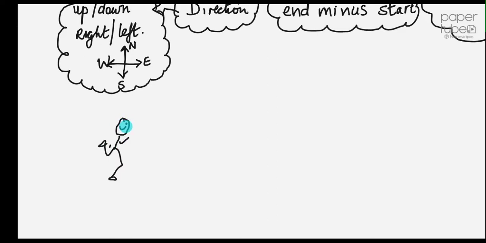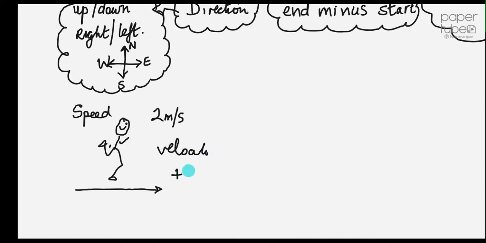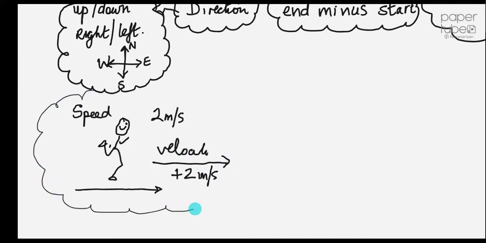He or she is running to the right at a speed of 2 meters per second. They have a speed of 2 meters per second, but they have a velocity of plus 2 meters per second, because I have decided that that way is plus. Fair enough?